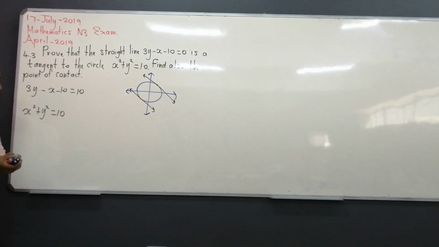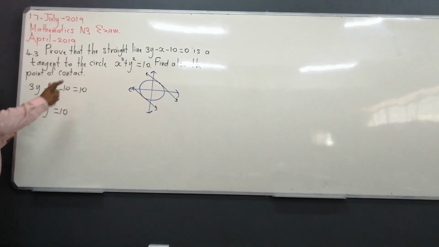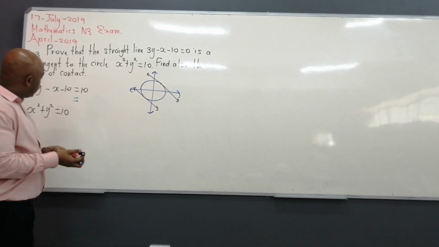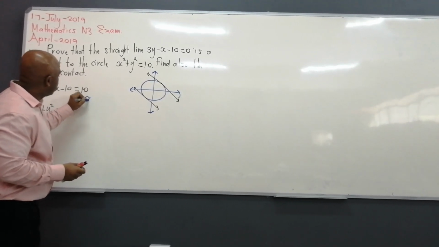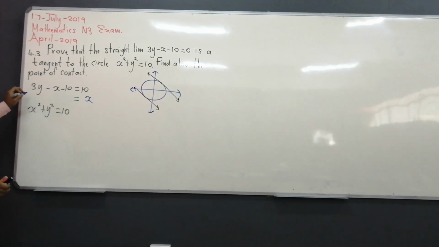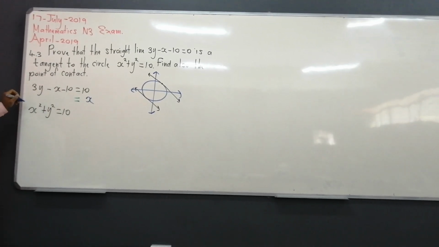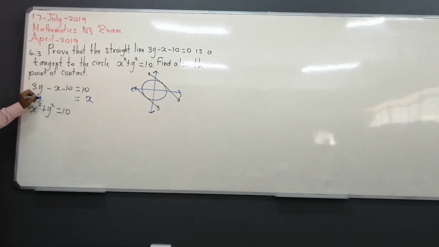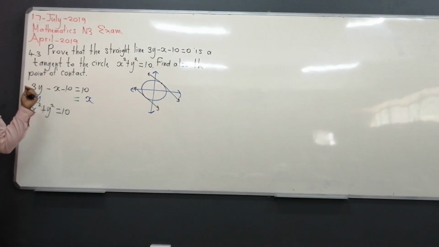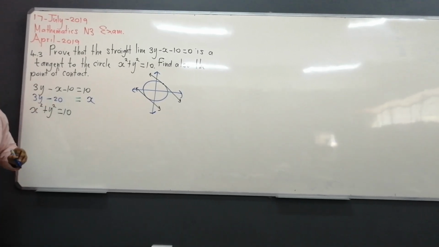Okay, so if I make x the subject, I will take x to the right hand side. If I take x to the right, it will be positive. Then I have, it's a 10 here, also a 10. Okay. So then I have 3y minus 10 again, which is minus 20. You're clear with that?